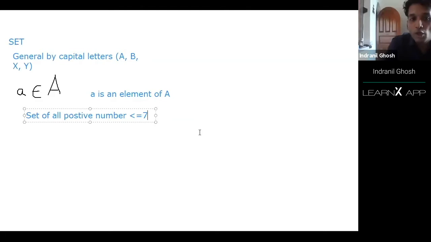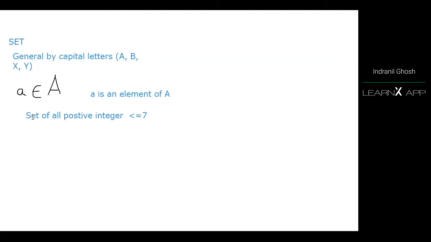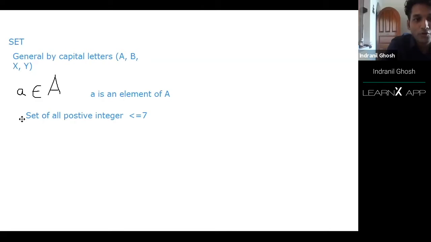Set of all positive integers which are less than or equal to 7. Can you tell me any element which belongs to this set? Sir, 1, 2, 3, 4, 5, 6, 7.